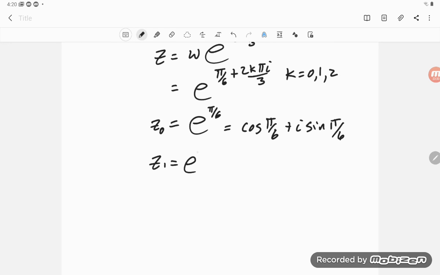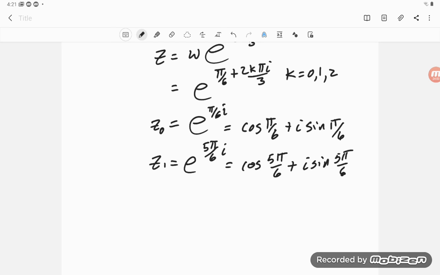So that's 2/3 plus 1/6, that's 4/6 plus 1/6, that's 5/6. So we get 5 pi over 6 i. Oops, I forgot my i up there. And so again, I could write this as cosine of 5 pi over 6 plus i sine 5 pi over 6 if I wish to.